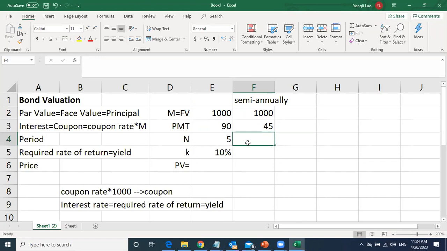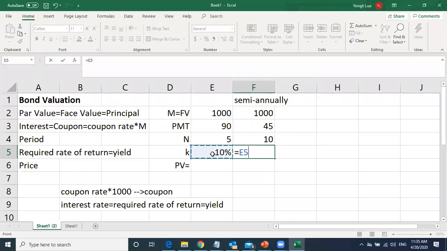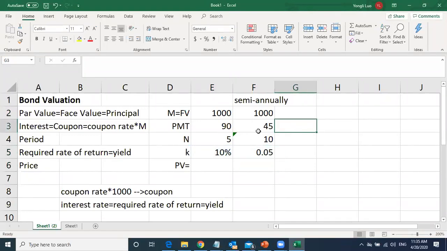The number of time periods will double, and the required rate of return will be divided by 2. So this one is divided by 2, half, and the number of time periods doubles.